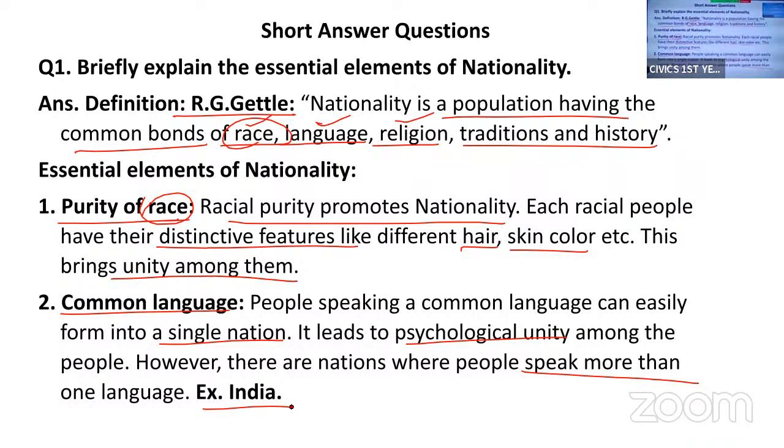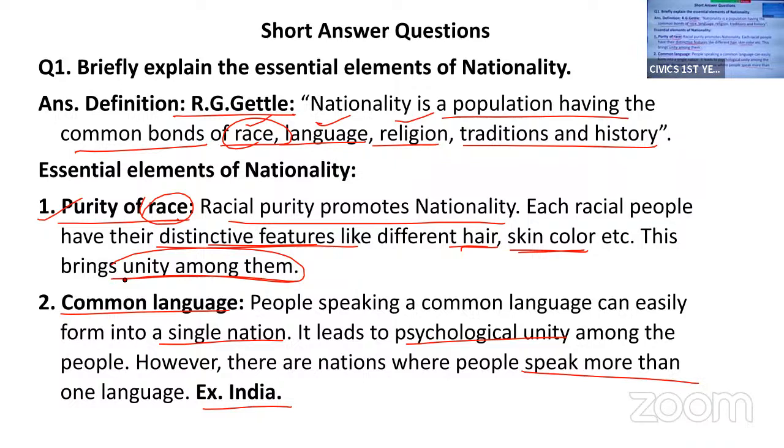I'll repeat these two again. The first one is purity of race, where they form a nation with distinctive features like color of the hair, color of skin, structure of their skull or body. And this will bring unity among the people. The next is common language.